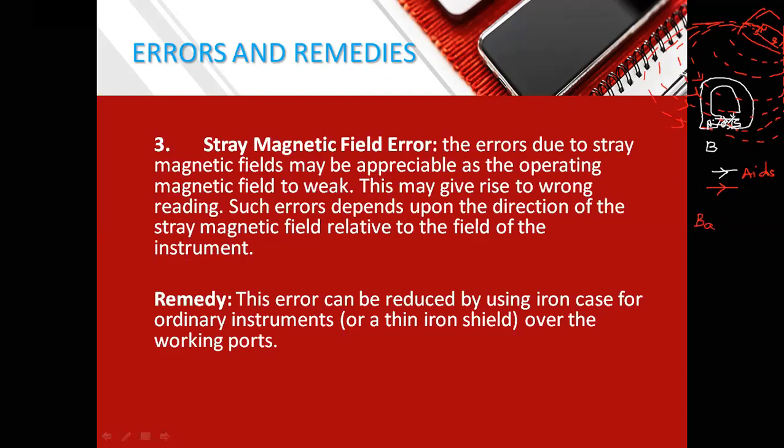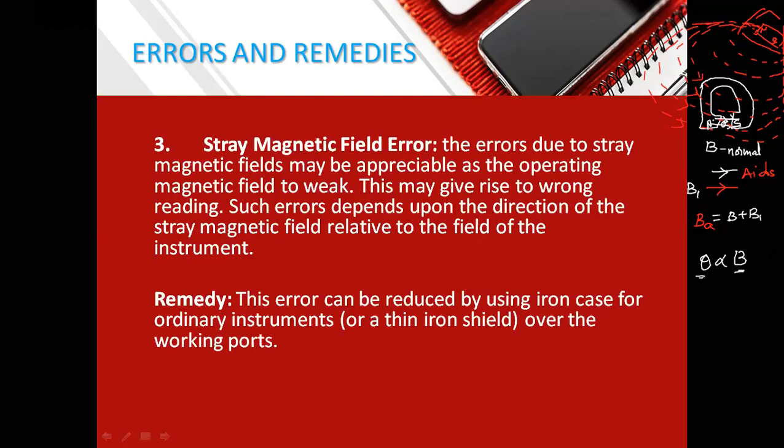Say B is the air gap flux density under normal condition, and B1 is the magnetic flux density that is trying to influence the PMMC instrument. So now the resultant BA, if they are like this, they both aid, so it will be B plus B1.